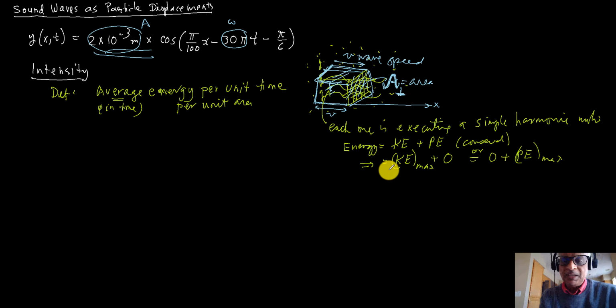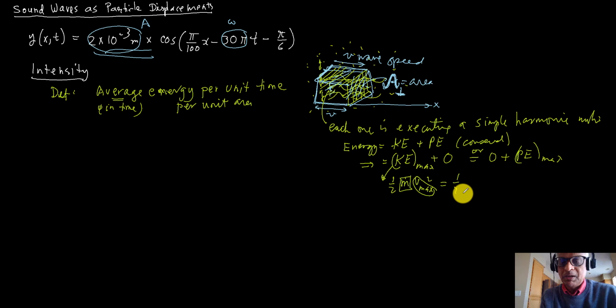So what is the maximum kinetic energy? That's going to be half m v max squared. What is this mass? This mass is all the masses that are in this box, and v max is each particle's motion, which we just found earlier.